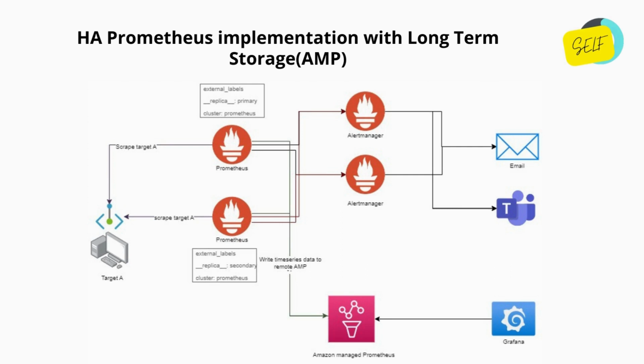Now the difference between managed Prometheus and open source is that as it is a managed service, you don't have much control over it, right? You will have to use it as it is. But in your open source Prometheus alert manager, you have a bit of control, right? You can write your own code to evaluate or transform the data, or integrate your alert manager with other tools, which you cannot do with managed Prometheus.